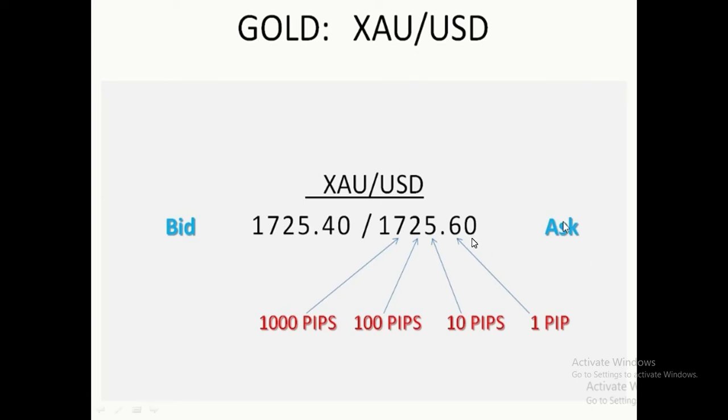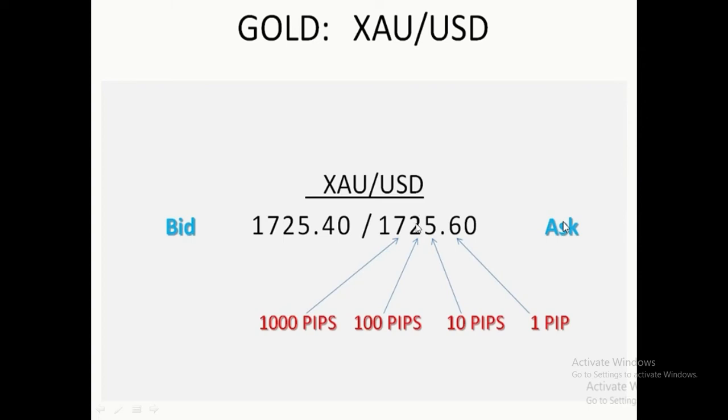So any change in figure here is 10 pips. So if you have 1725.6 and now you have 1726.6, you see that this change to 6 is just 10 pips.